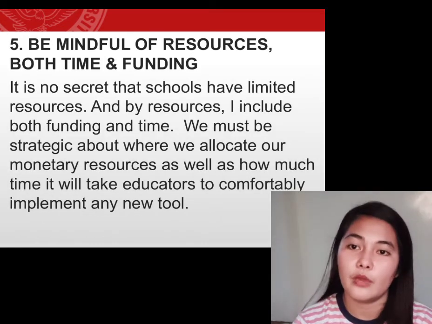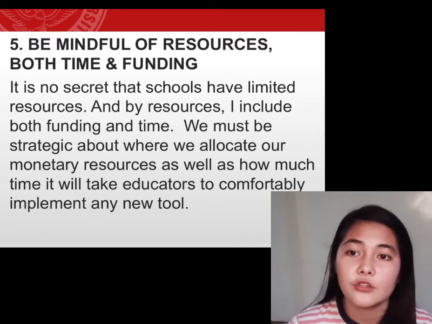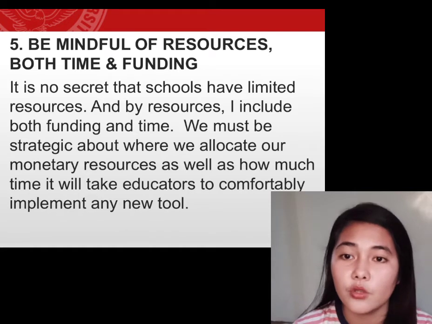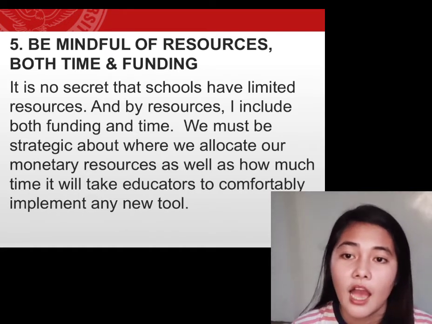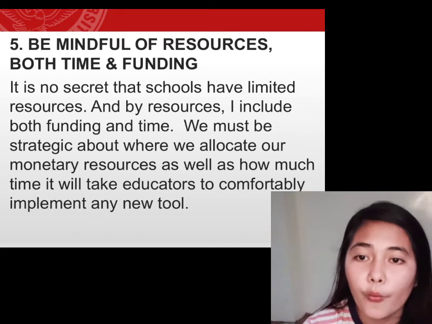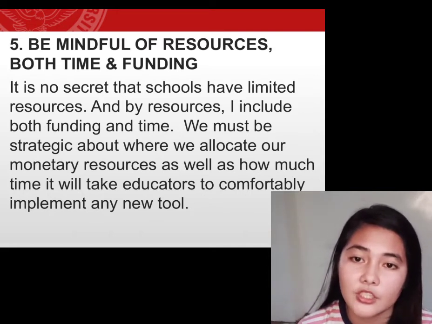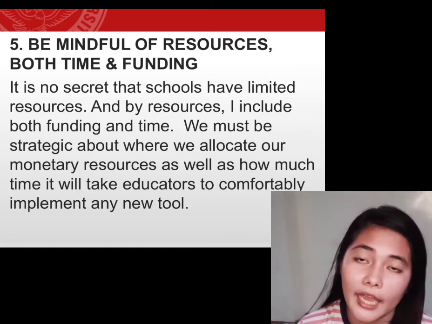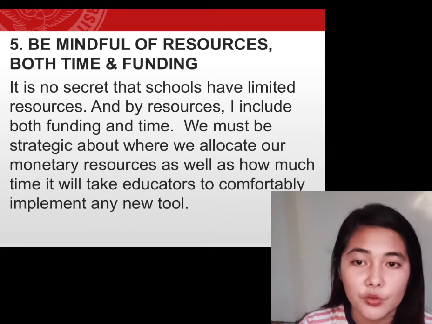So number 5, we have to be mindful of resources, both time and funding. It is no secret that schools have limited resources, and by resources, I include both funding and time. So we must be strategic about where we allocate our monetary resources, as well as how much time it will take educators to comfortably implement any new tool.